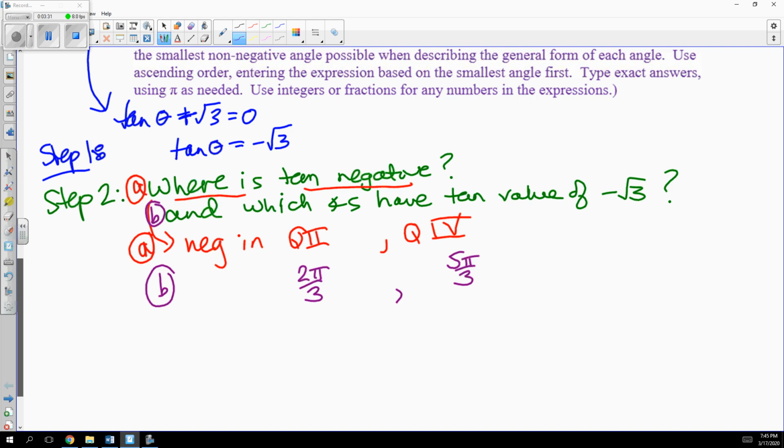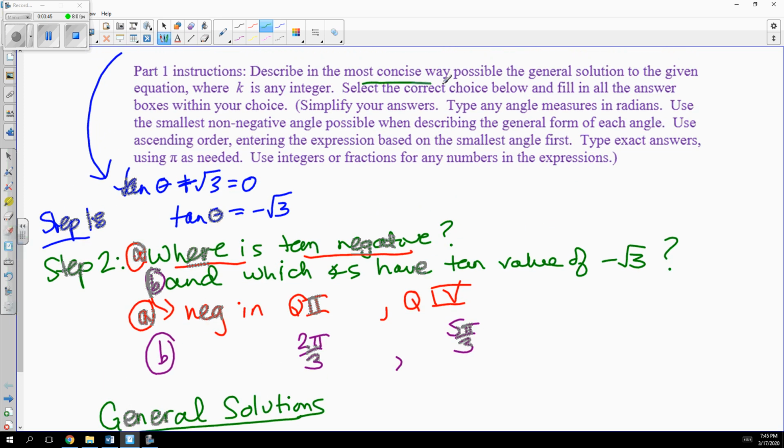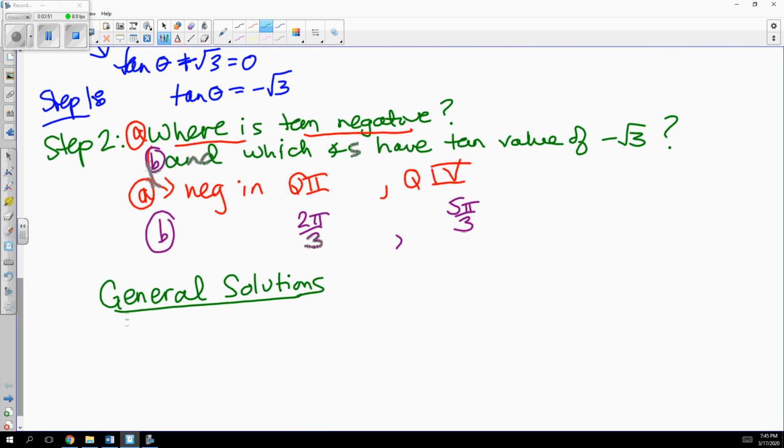Okay, so for general solutions, what I want you to think about is that when you state general solutions, be very careful, because what you are trying to do is describe it in the most concise way possible. That's the challenging part. When you're looking at the program, it's going to give you lots of different options here.